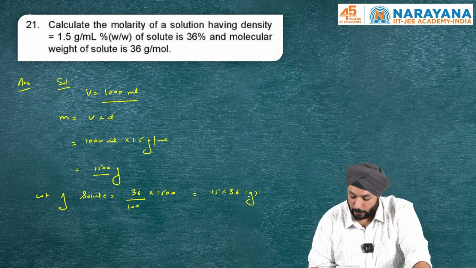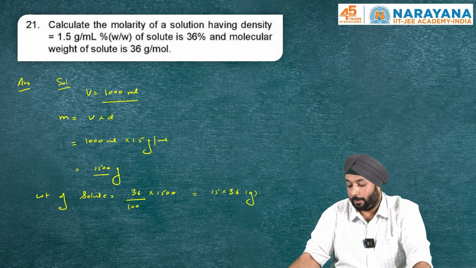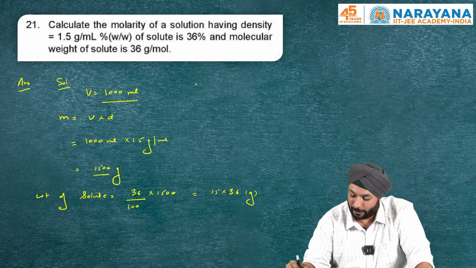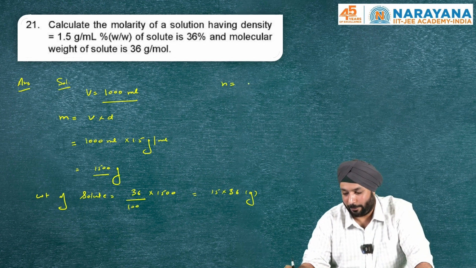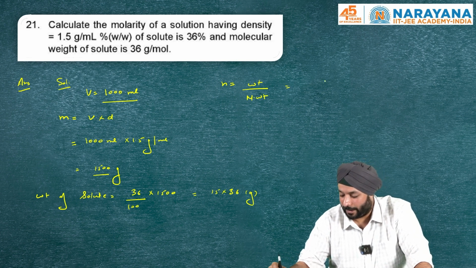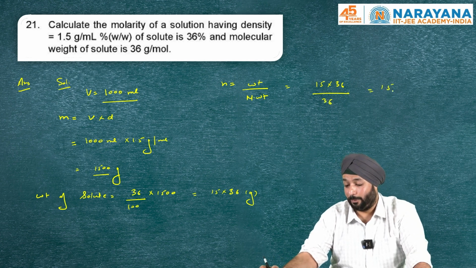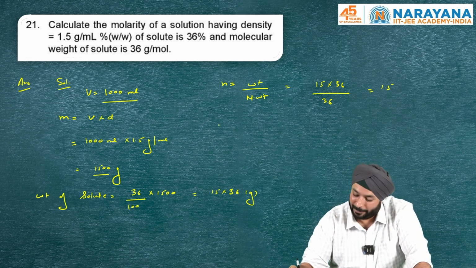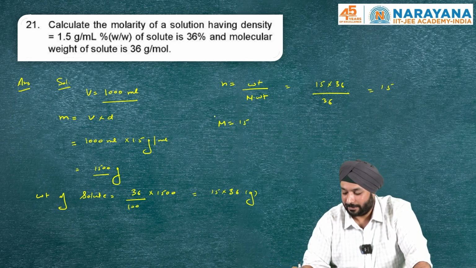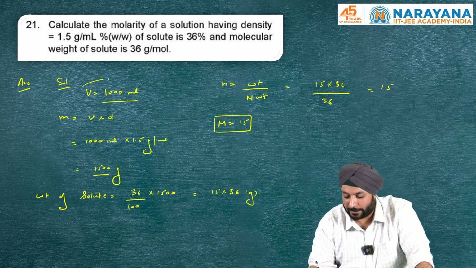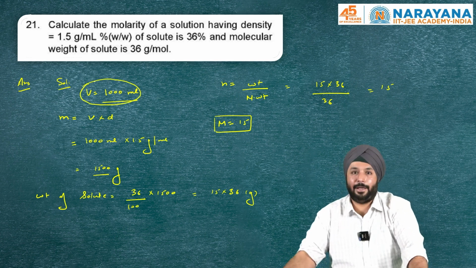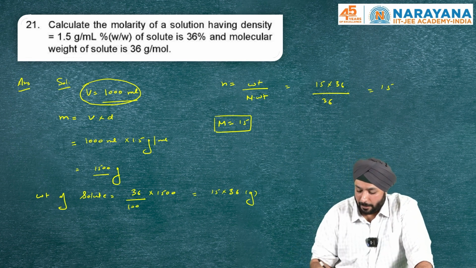After this, you want to calculate the number of moles of solute, which is weight by molecular weight. It comes out to be 15 into 36 divided by 36, so I'll get 15 moles. And 15 moles are present in 1 liter, that means molarity is 15 only. So it is the assumption which you make that will make the question simple, right? We'll move ahead.